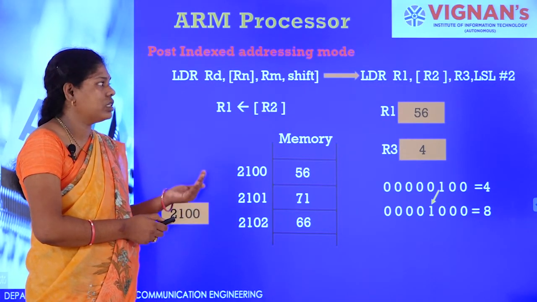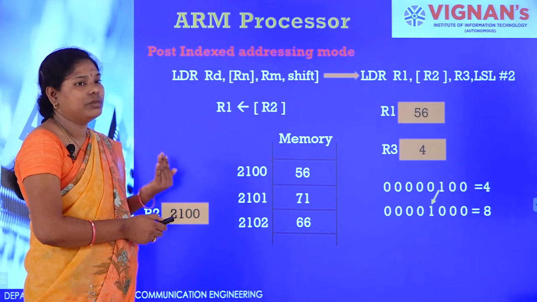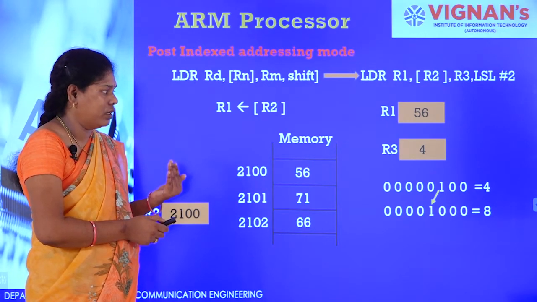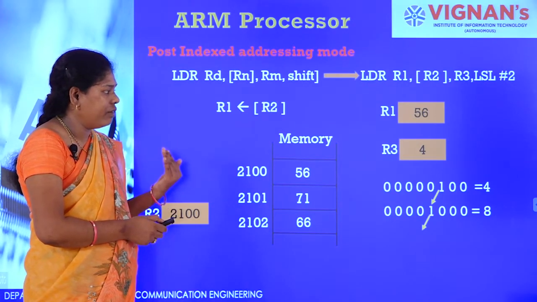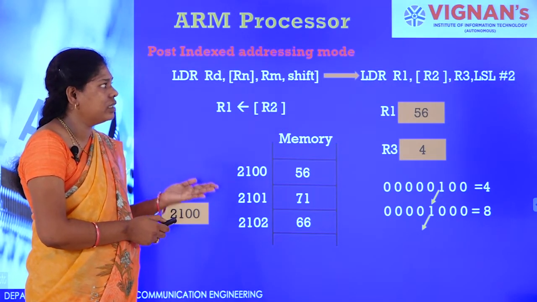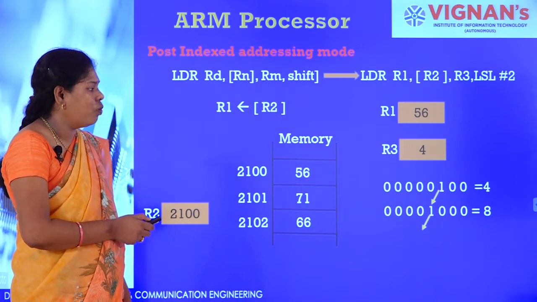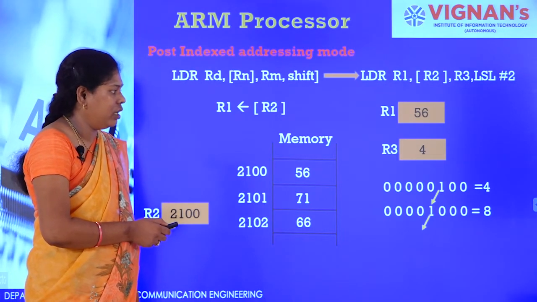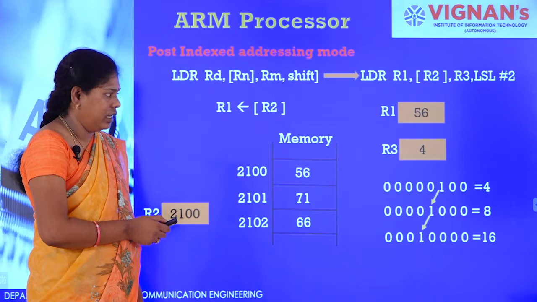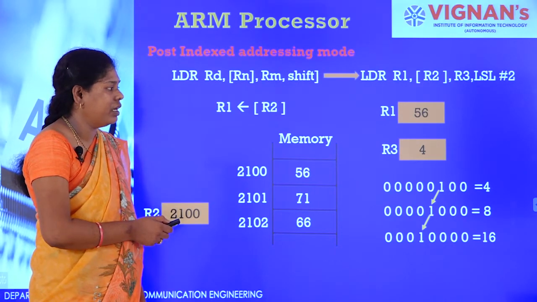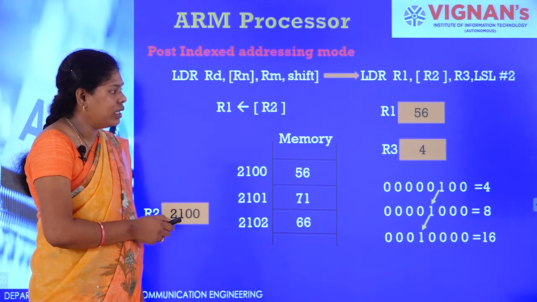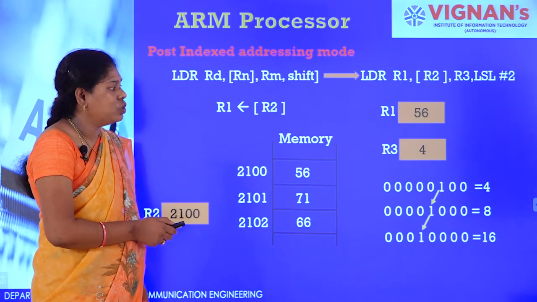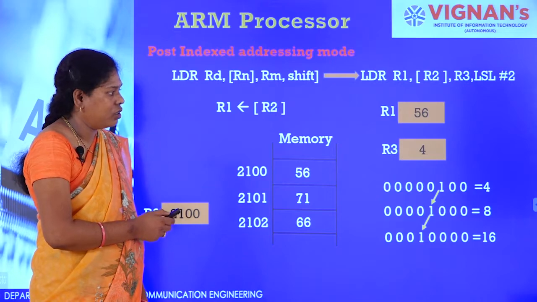A logical shift left is multiplication by a power of 2. Again we have to shift one more bit position, because #2 is given, so it is 16, 8 into 2. Overall, 4 is multiplied by 2 squared for 2 shifts.